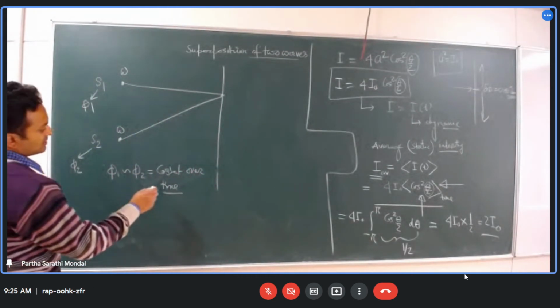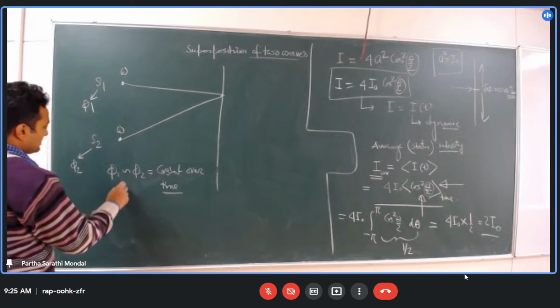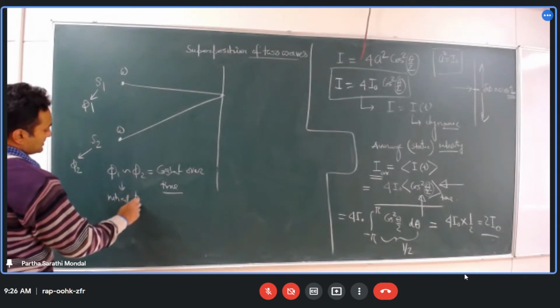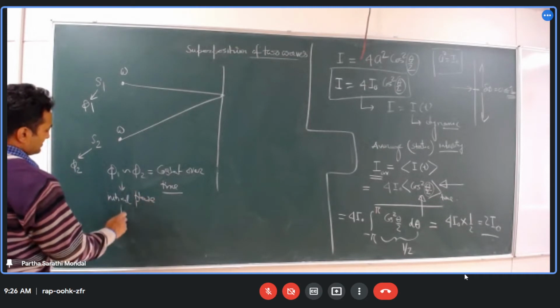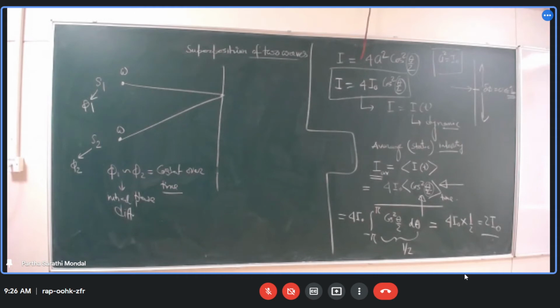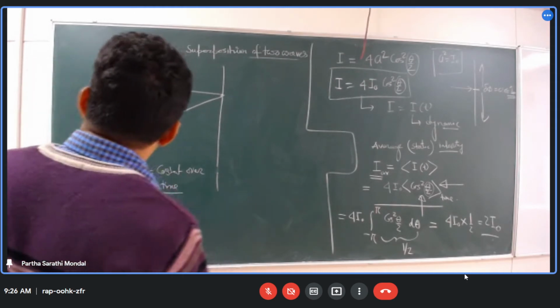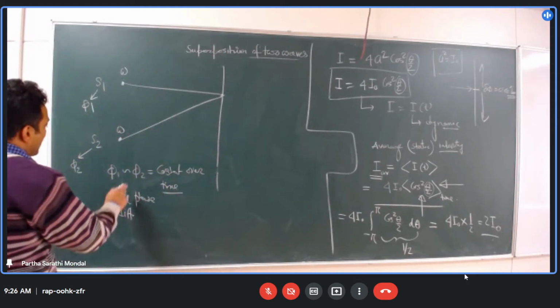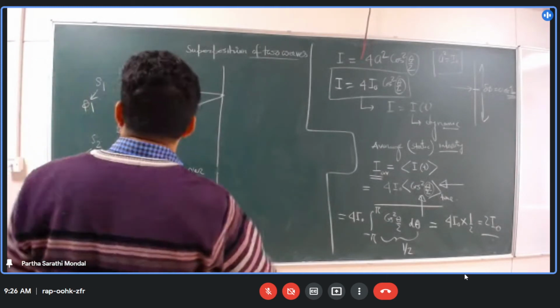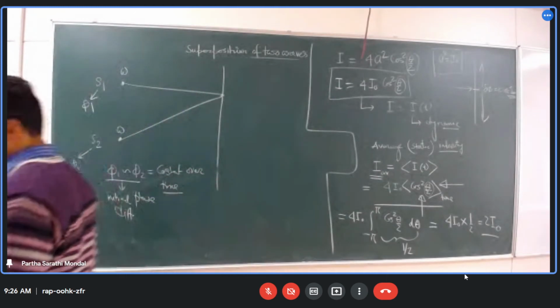That means the initial phase difference must be constant over time. So you have to make a constant phase relationship between two independent sources.